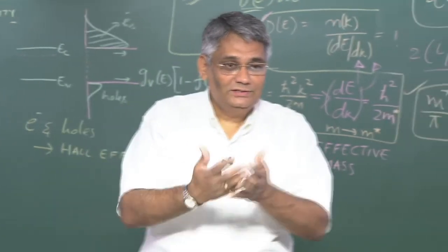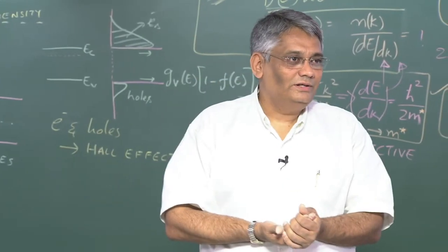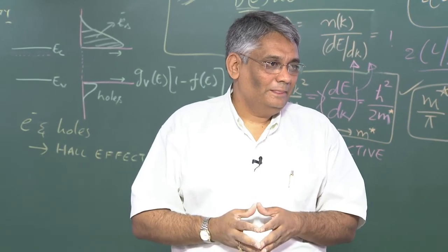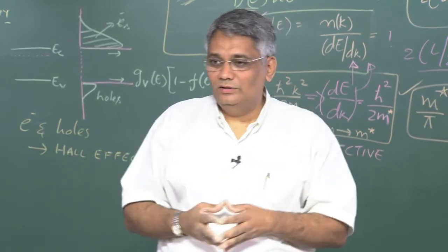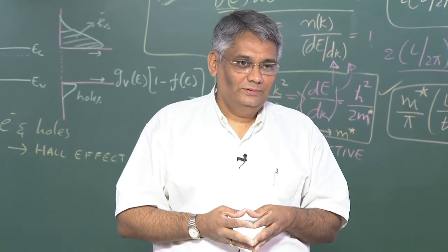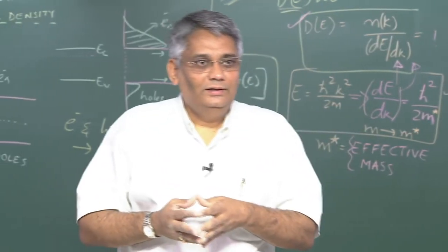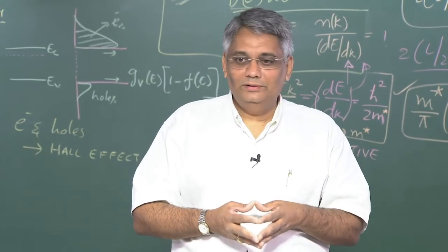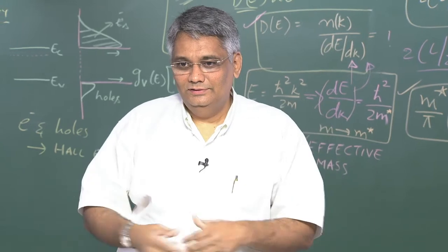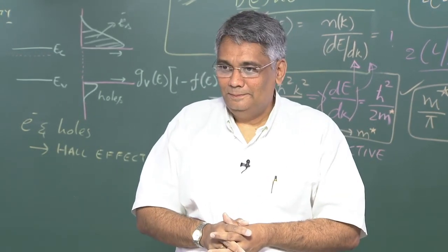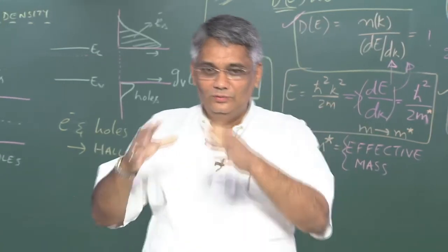So this is the only convincing way to say that it is the electronic density of states that are affected, and once the electronic density of states are affected, you start seeing changes in the physical properties. That's the reason why I said different systems attain quantum confinement at different length scales. That's the reason why we define this 1 to 100 nanometers range.